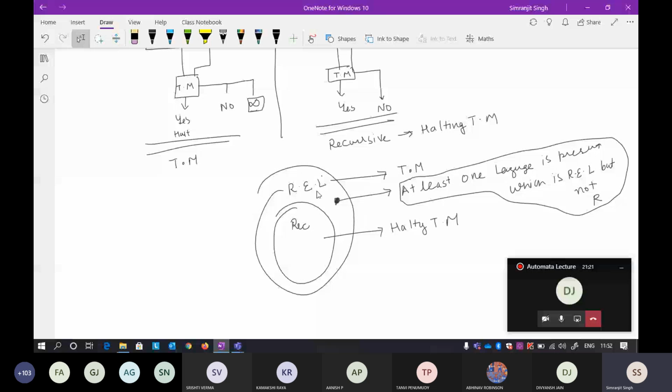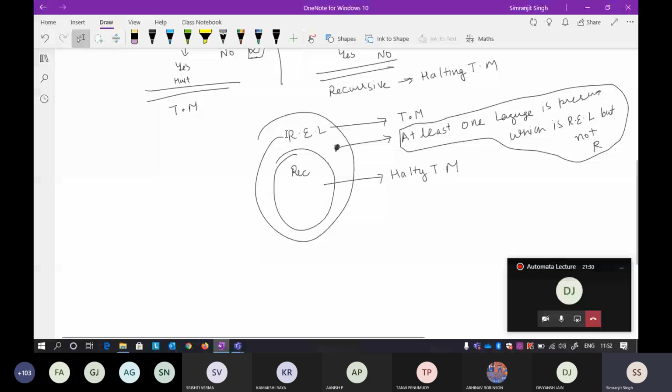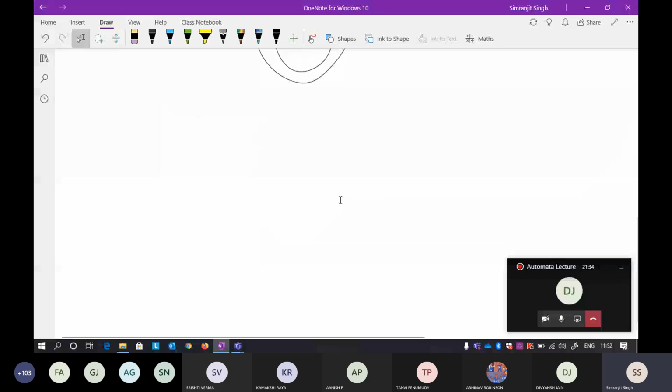Now if you see the whole Chomsky hierarchy, the recursive, recursive enumerable and Turing machine are also divided into two parts. Now I'll draw the complete diagram. If you remember, I started with the finite automata.